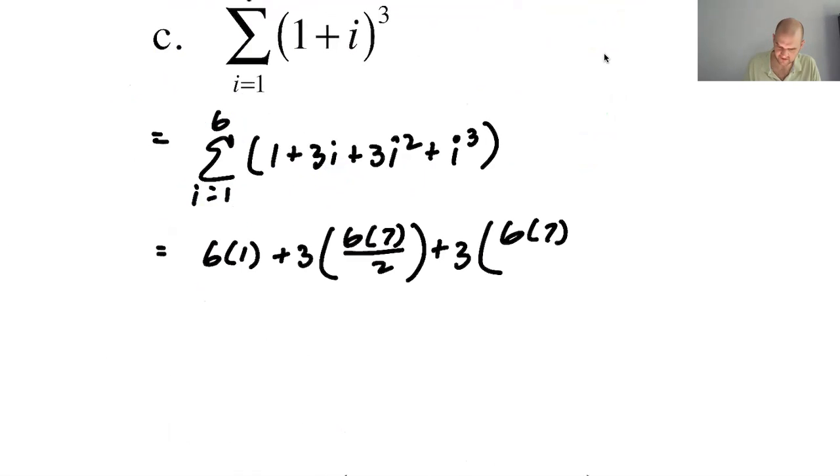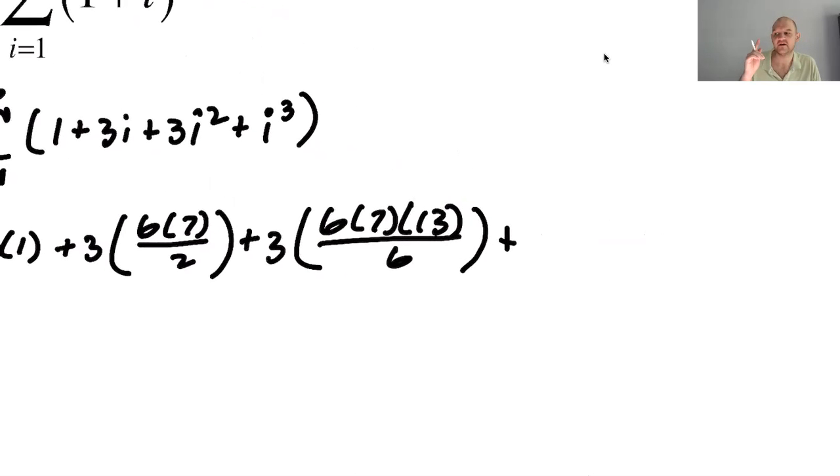It's 6, 7, and then 2n plus 1, so 13 over 6. And then it's the sum of just i cubed. So i cubed is like n times n plus 1 over 2, but you square it. So it's n squared, n plus 1 squared over 4.